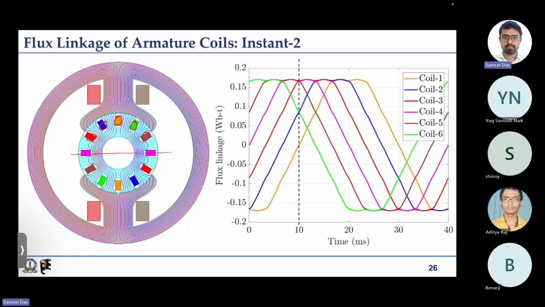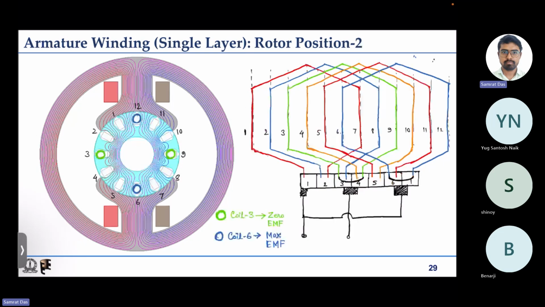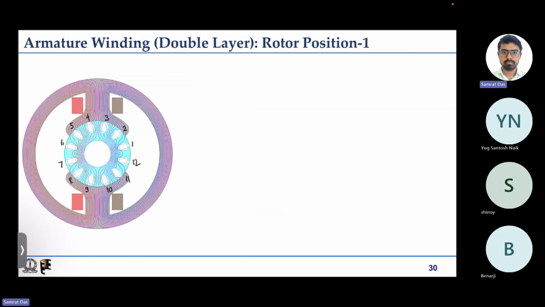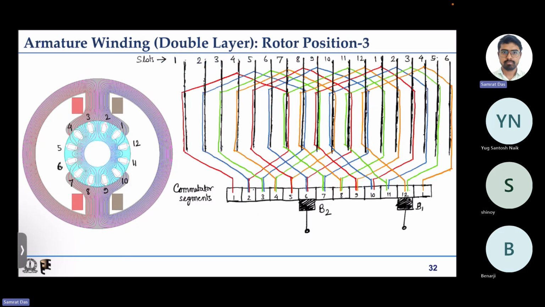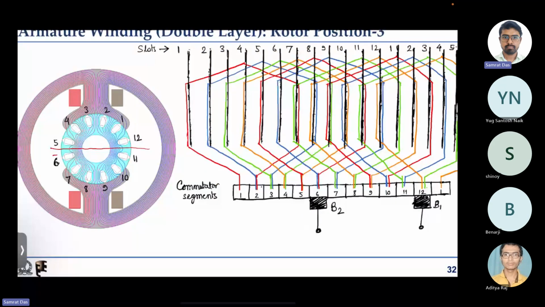So the green, orange and blue coils have some non-zero induced EMF, which add up because they come in series. For the next rotor position, where none of the coils are undergoing commutation, all these coils come in series.